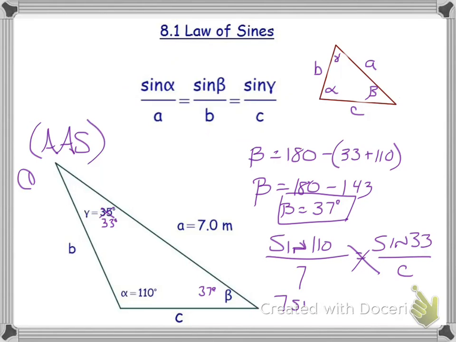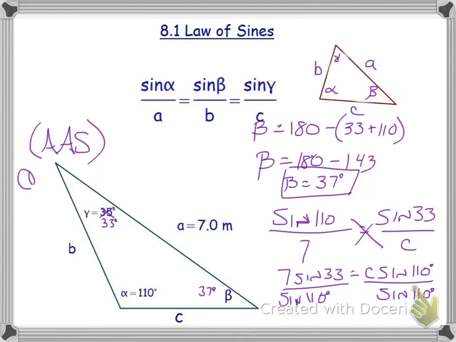So I have 7 sine of 33 is equal to C times sine of 110, and then I'm going to divide by the sine of 110 on both sides. So C is equal to 4.06 meters.